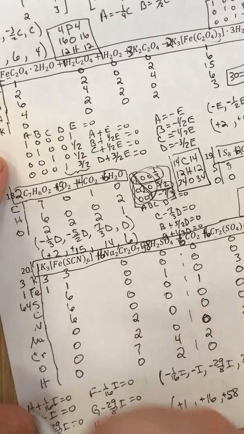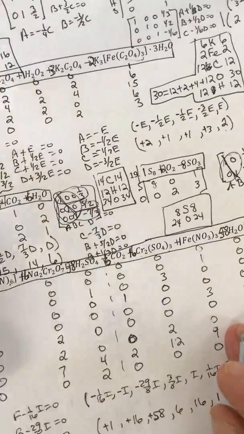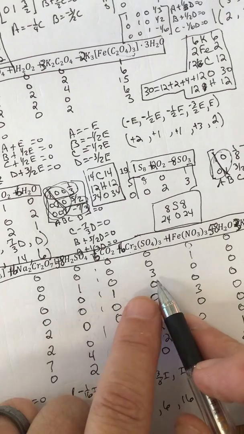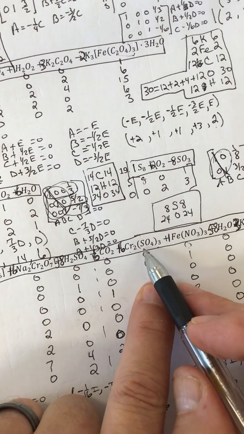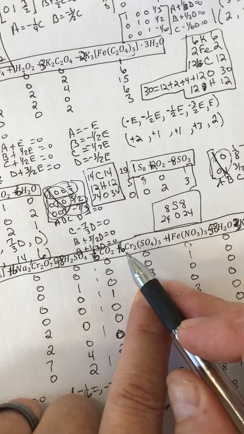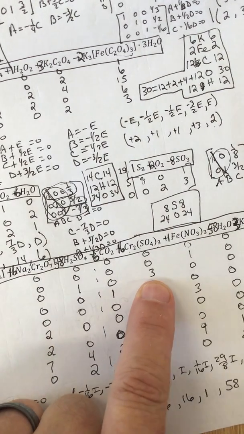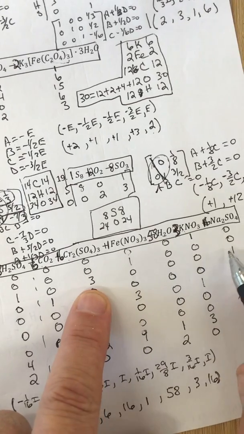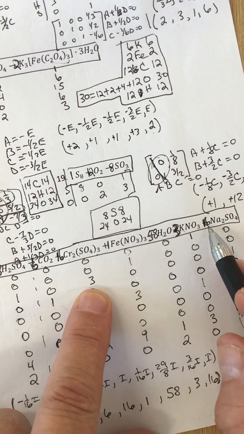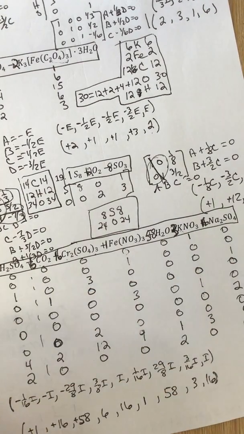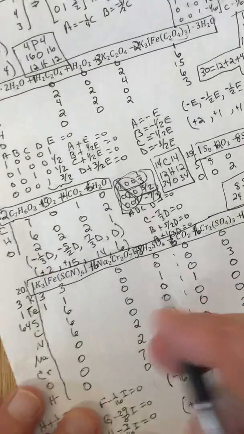So there's 64 sulfurs on that side. Where are they over here? So there's 3 of them, 16 times. So that's 48 of them. And here's 1, 16 more times. So 48 plus 16 is 64.